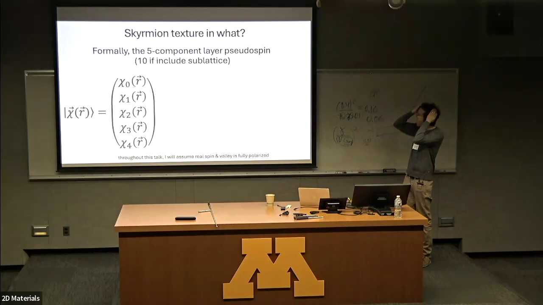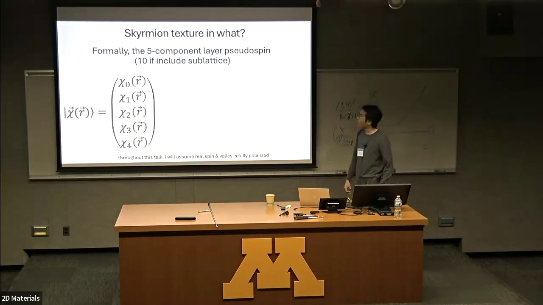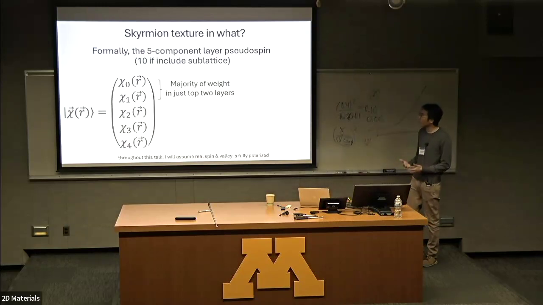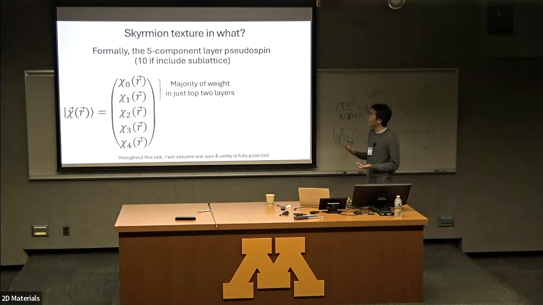Formally, what I'm talking about is a skyrmion texture in this 10-component spinor, if you include all the layers and sublattices. But for all practical purposes, the weight of the wave function is mostly on just the top few layers, polarized by the strong displacement field in the experiment.